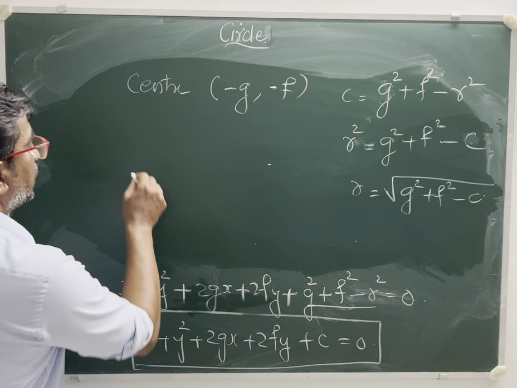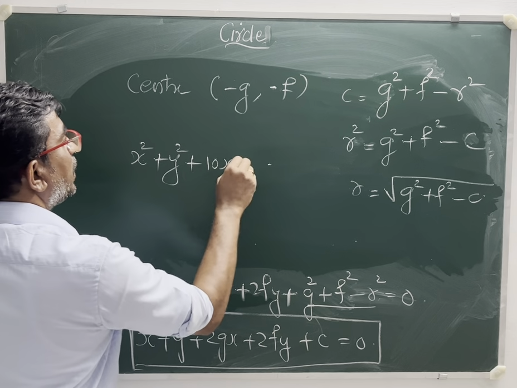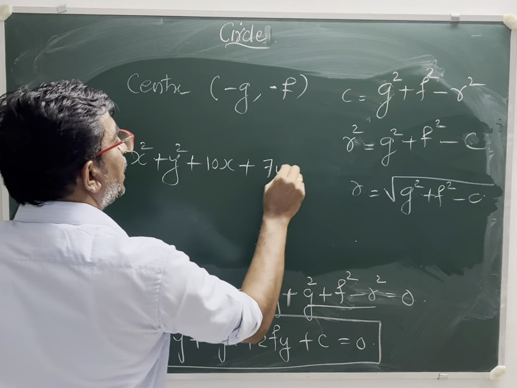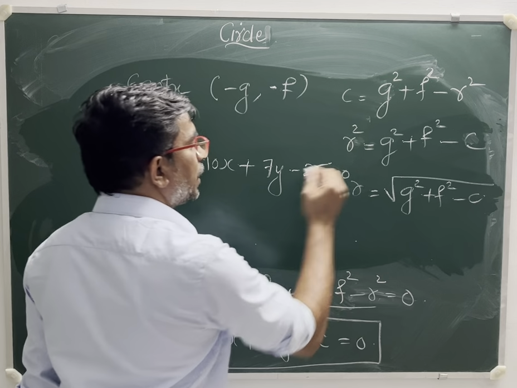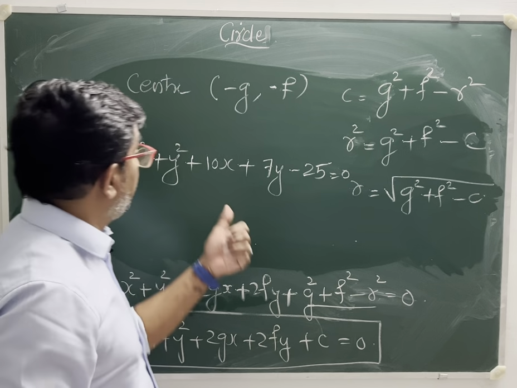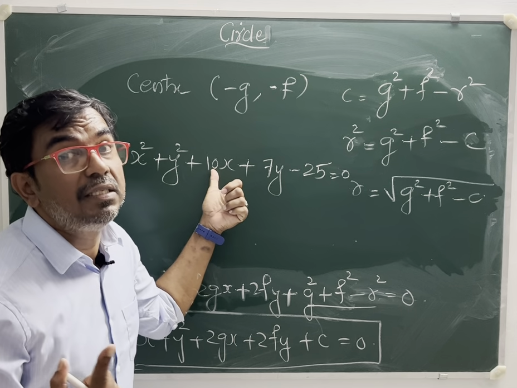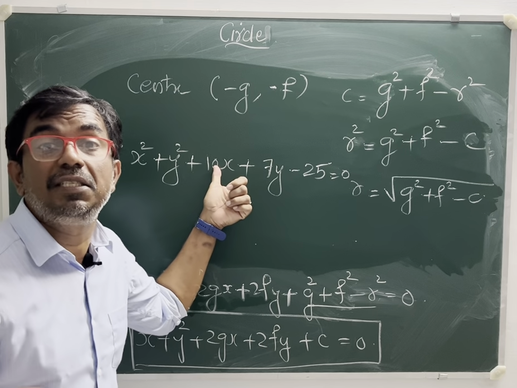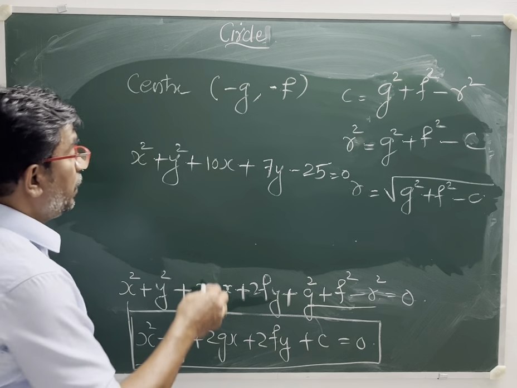Simply I write an equation: x square plus y square plus 10x plus 7y minus 25 equal to 0. This is the circle. If they ask me what is the center of the circle, you know what I do? First of all, you should understand this represents 2g, but I want only g. 2g is 10. That means g will be what? 5. Half of this, that will be 5.